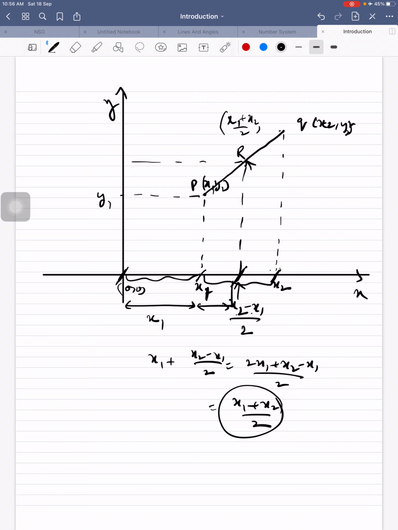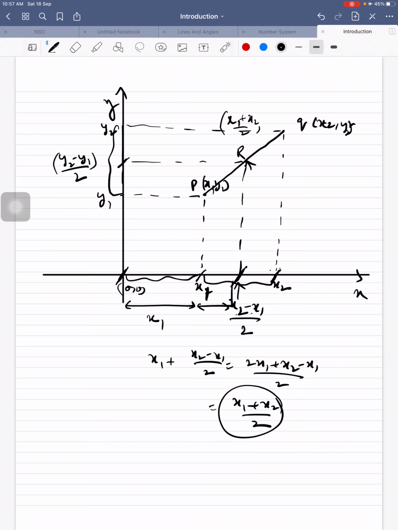This is y1, this is y2. The midpoint of this, by using y1 and y2, is y2 minus y1 by 2, because this length is y2 minus y1. So the midpoint is by 2.